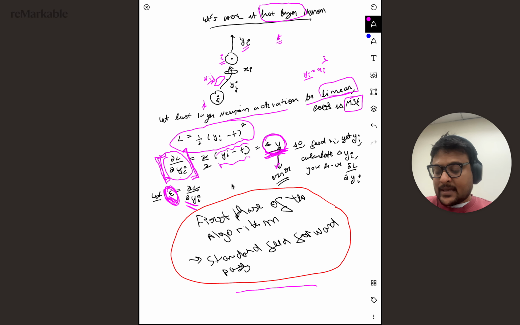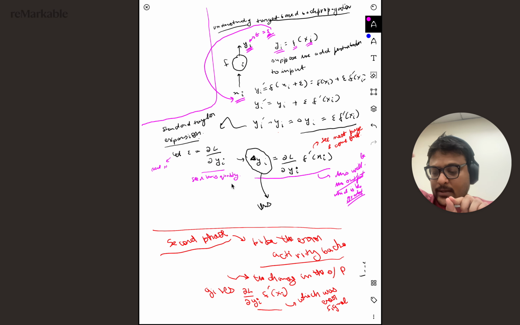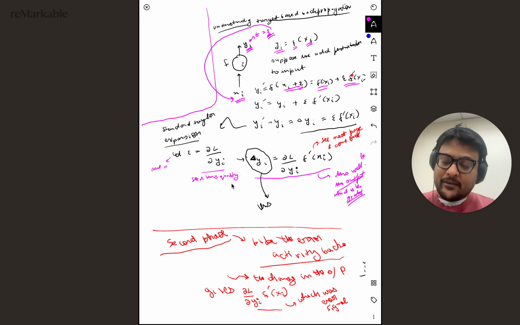So you fed in input xi, you got yi, and then you computed this epsilon. Now the key idea is that you feed back this epsilon to the input xi. Let's say you have a function f, you have xi and you got yi, and you computed this epsilon. Now you feed back this epsilon as input. So f of xi plus epsilon can be written as f of xi plus epsilon times f dash xi.